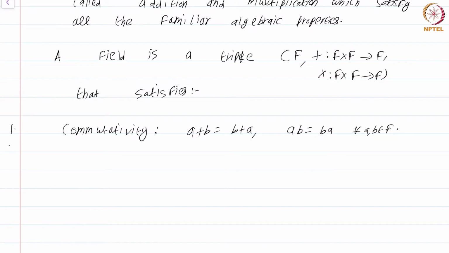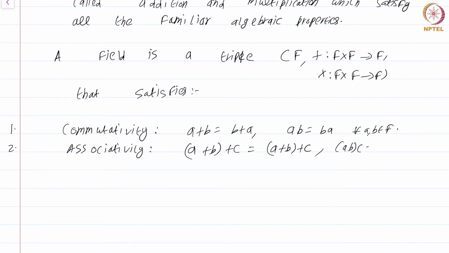Second is associativity. (a plus b) plus c is a plus (b plus c), and similarly (ab)c is a(bc). Note that for the multiplication I am dropping the times symbol, just as usual we do when we deal with multiplication in the real world.